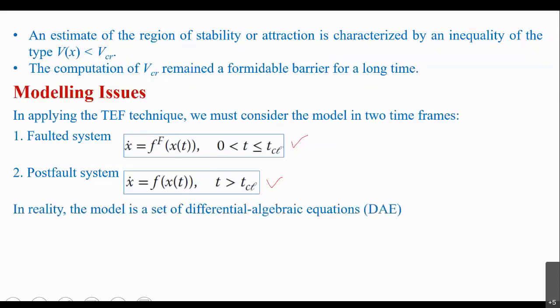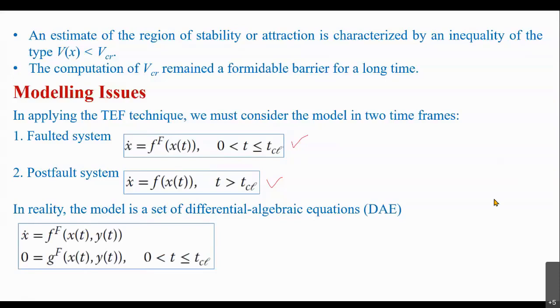Then in reality the model is a set of differential algebraic equations. We already know this, and we can represent those differential algebraic equations in this manner. One is the set of differential equations and the set of algebraic equations, and the time frame is 0 to TCL.